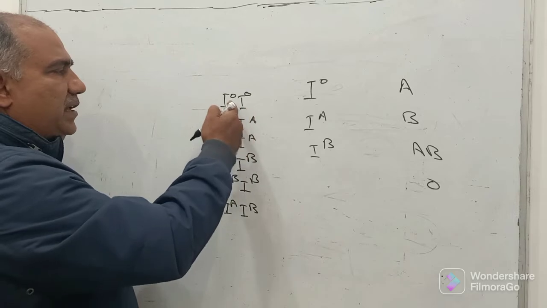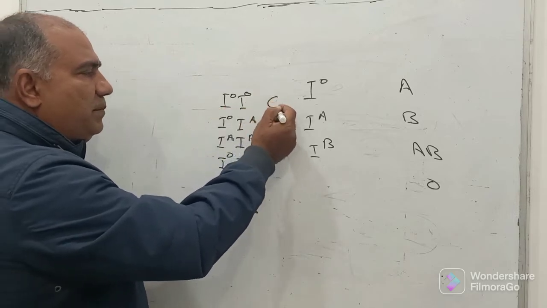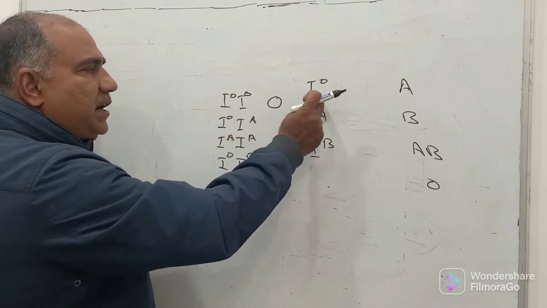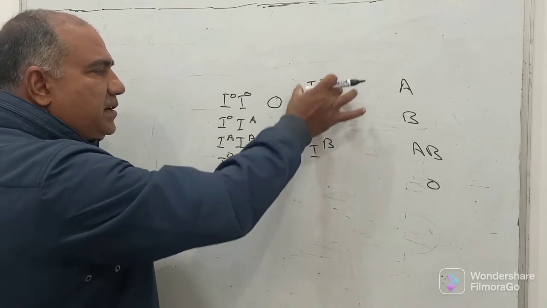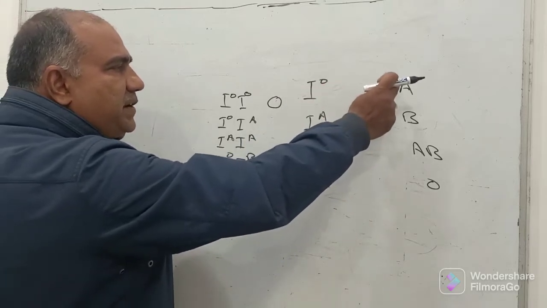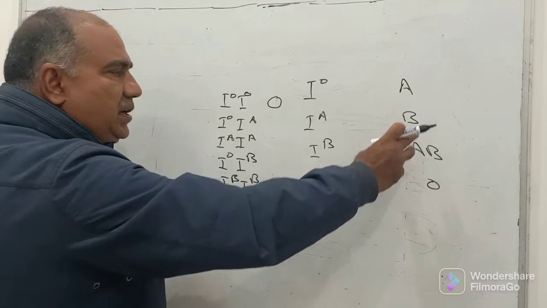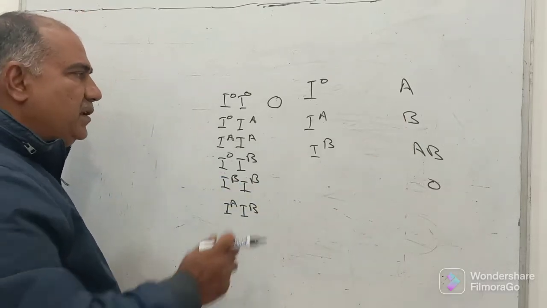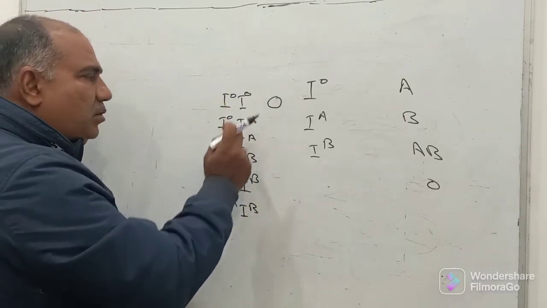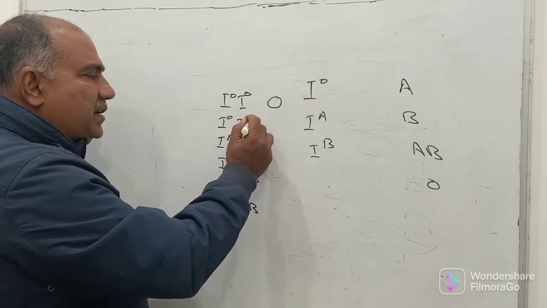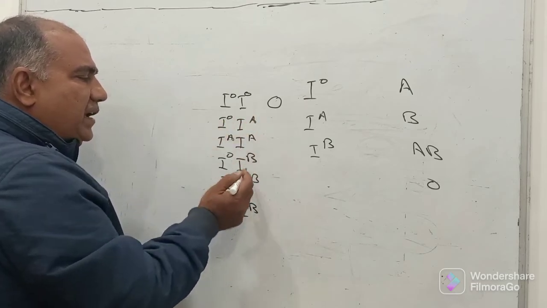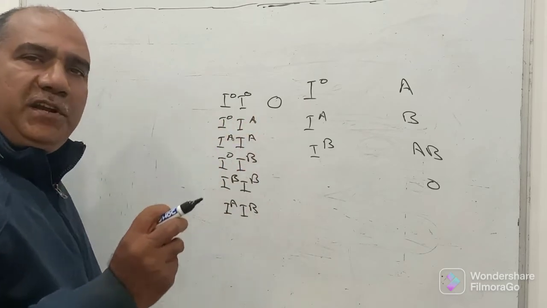When IO and IO combine, the blood group formed will be O. When we are referring to IO, IA, IB, they are different forms of the blood gene, but when we refer to A, B, AB and O, they are blood groups. Let me tell you that IA and IB both dominate IO.